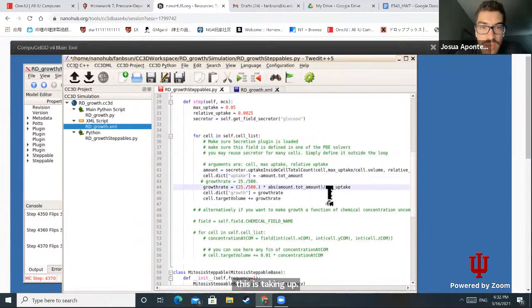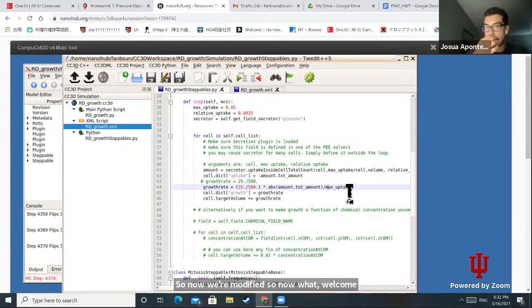So now what we're doing here in line 44 is that we are multiplying the growth rate by how much the cell is taking, given how much it could take. If the cell is taking as much as it can, then the growth rate is gonna be 1. But as the amount that the cell takes decreases, then the growth rate should decrease as well.